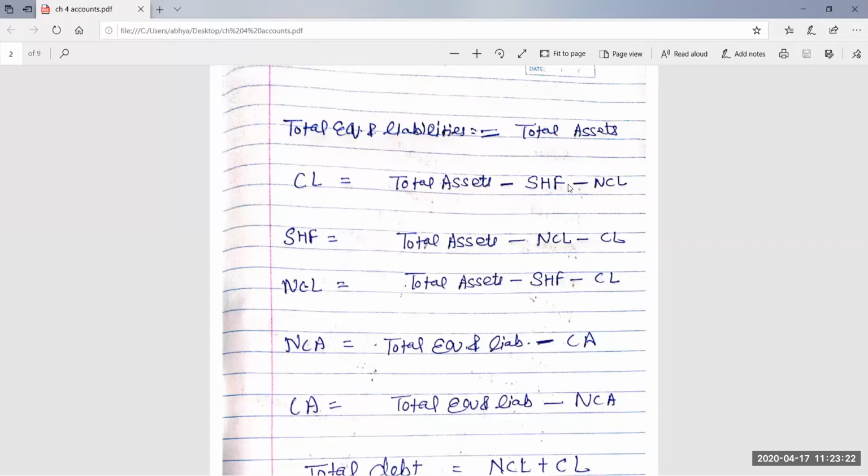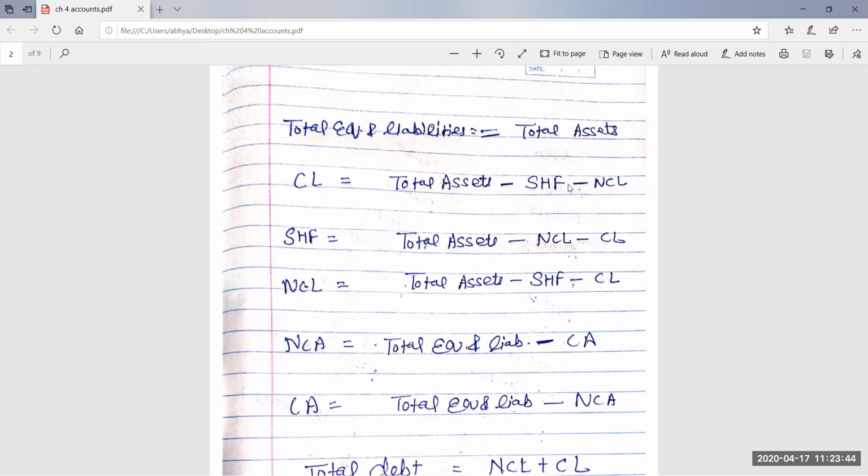If you want to find out shareholder funds, then it will be total assets minus non-current liability minus current liabilities. Whatever thing is not given, you have to just interchange the side of that particular thing and use the mathematical equation, and find out the unknown figure.